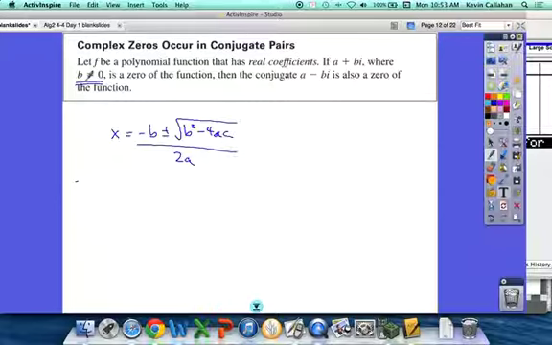The one thing they didn't say is that it's also the same thing with radicals. Like if you had 2 plus the square root of 3 as one solution, you would have to have 2 minus the square root of 3. Because where's that square root coming from? That came out of the quadratic formula.